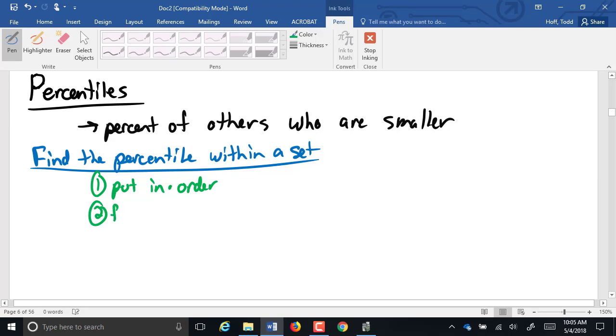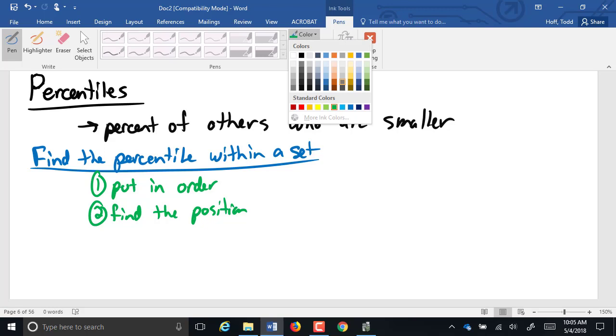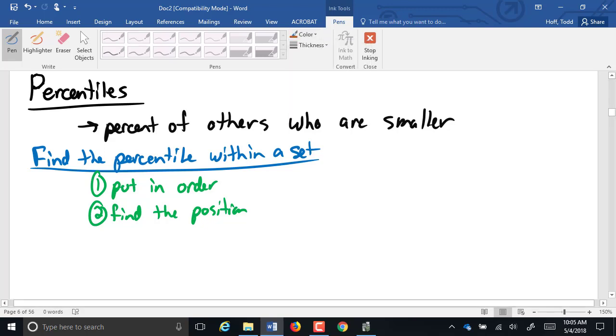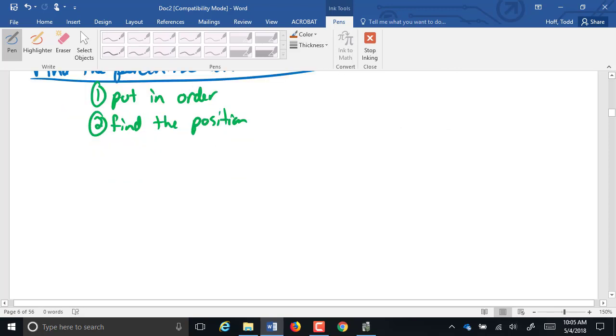Second step is you have to find the position. Now, the best way to describe this is to do some examples. So we're going to make a set of numbers here. I am going to put them in order as I make them just to save us that step. Normally you would have to put them in order first.